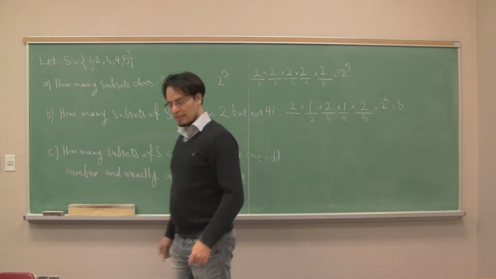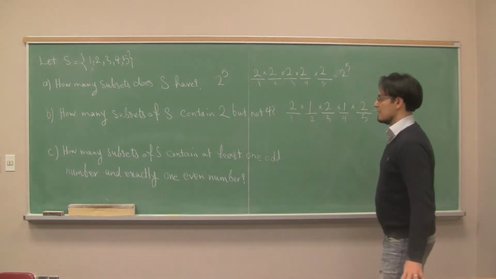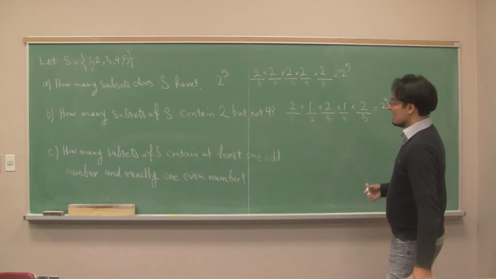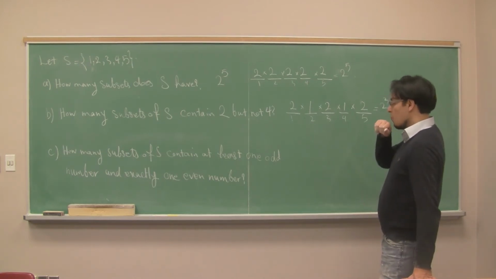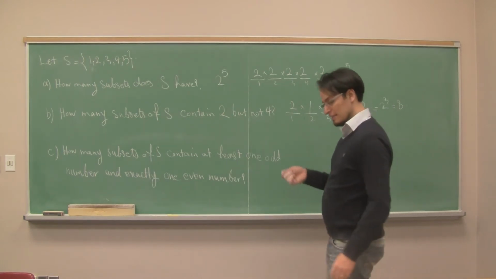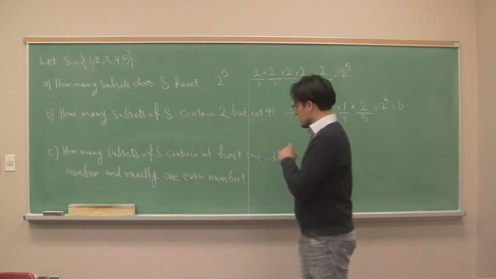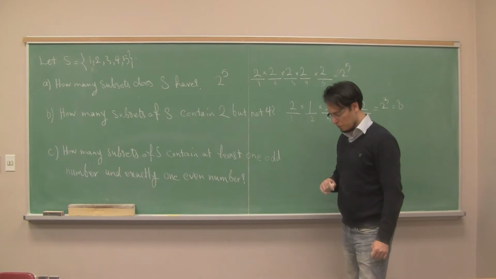Part C is a little bit more complicated. It says how many subsets of S contain at least one odd number and exactly one even number. Let's see, what does at least one odd number mean?